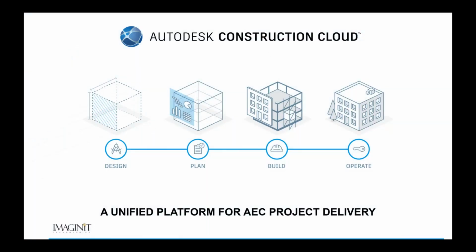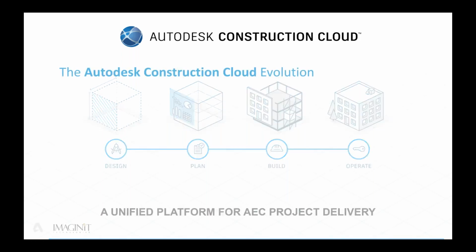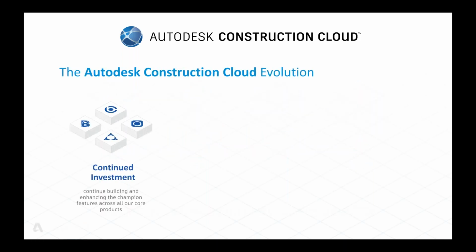So again, recap here about, of course, the Autodesk Construction Cloud, which is that unified platform for AEC project delivery. And again, Autodesk had some independent solutions, BIM 360, other tools that they had, and they also acquired PlanGrid and Assemble Systems and a host of other tools.